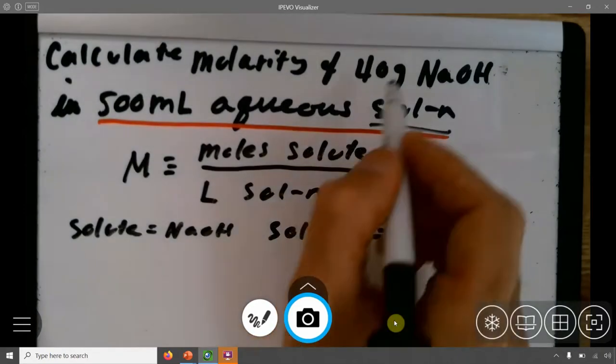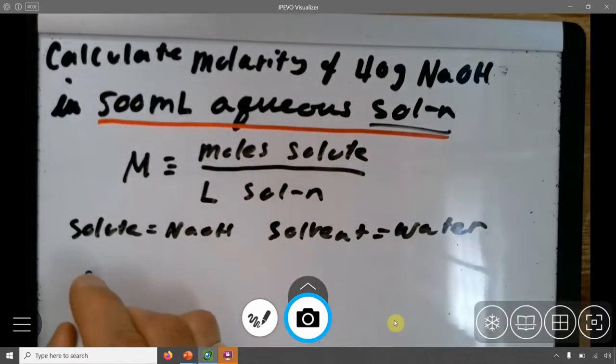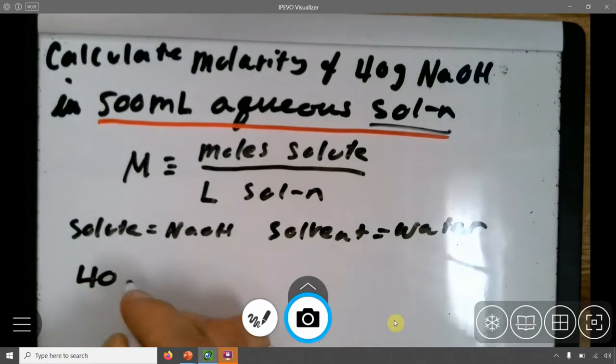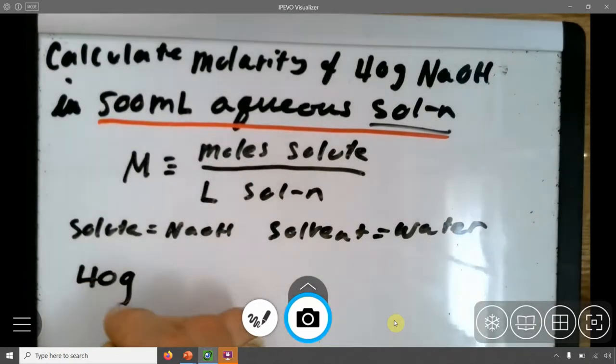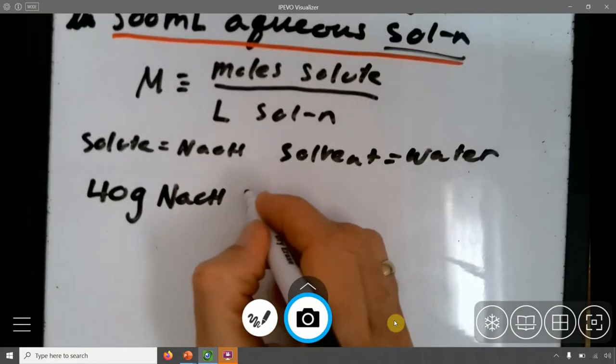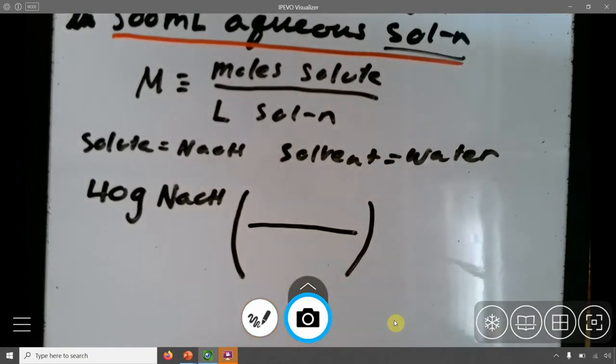Great. So I have 40 grams of NaOH. How do I get the moles of that? Well, I can go to the periodic table and figure that out using the atomic weight, the molecular weight. So I have 40 grams of NaOH, and I will go to the periodic table to determine my dimensional analysis factor here.